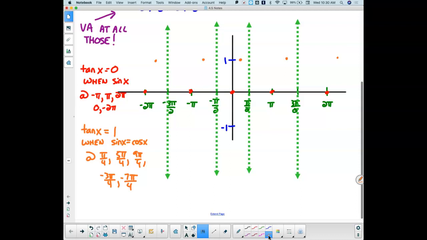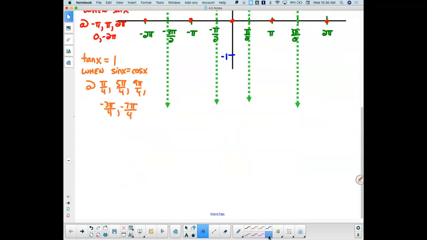When is tangent of x equal to negative 1? So that happens when what? When cosine and sine are opposite. So we could say when sine of x equals negative cosine of x. And that happens at, what did you say, 3 pi over 4?